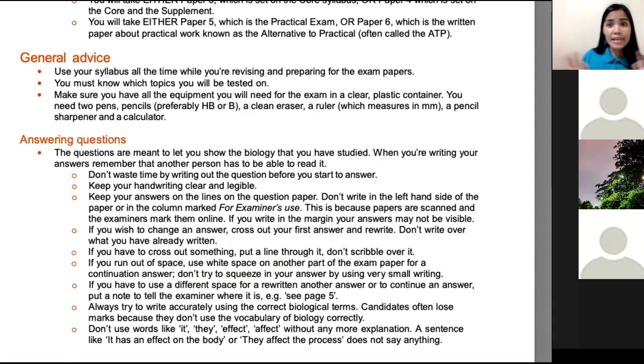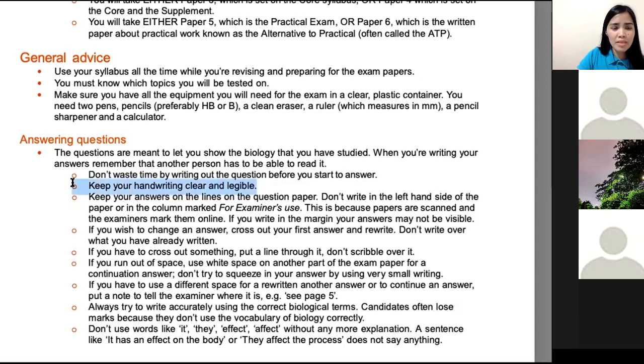Okay, guide in answering questions. Do not waste your time writing out the question before you start to answer it. Please do not write out the question. Do not waste your time. And then keep your handwriting clear and legible.